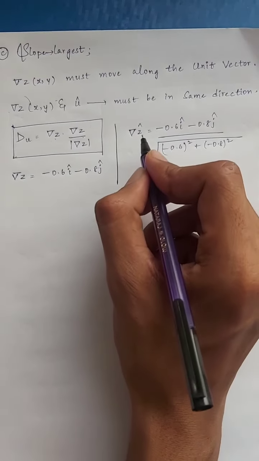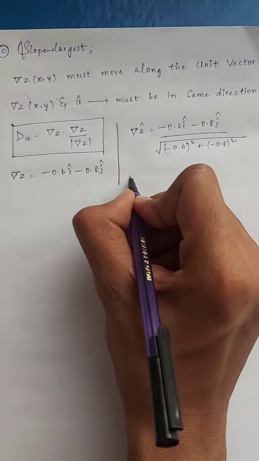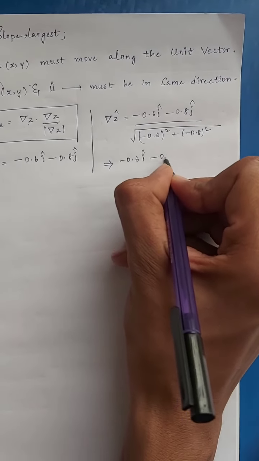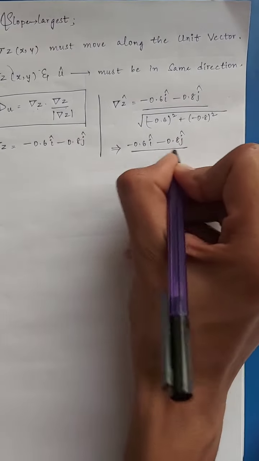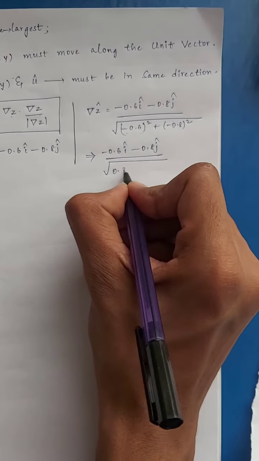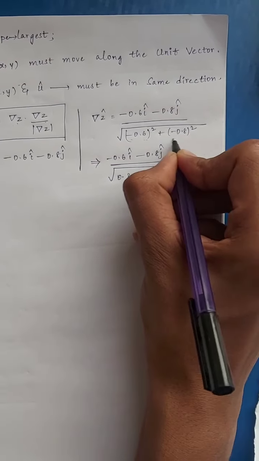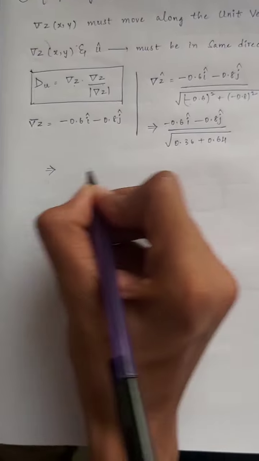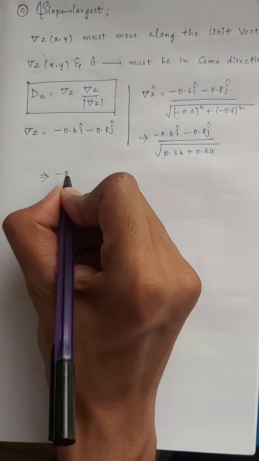This would be equal to minus 0.6 i cap minus 0.8 j cap by the square root of 0.36 plus 0.64. These both sum up to give 1.